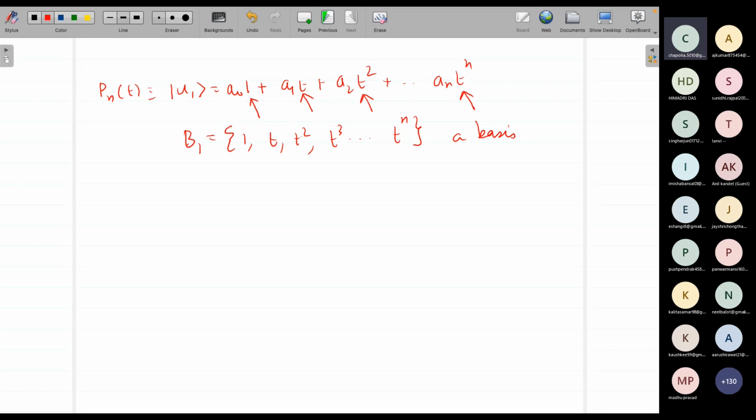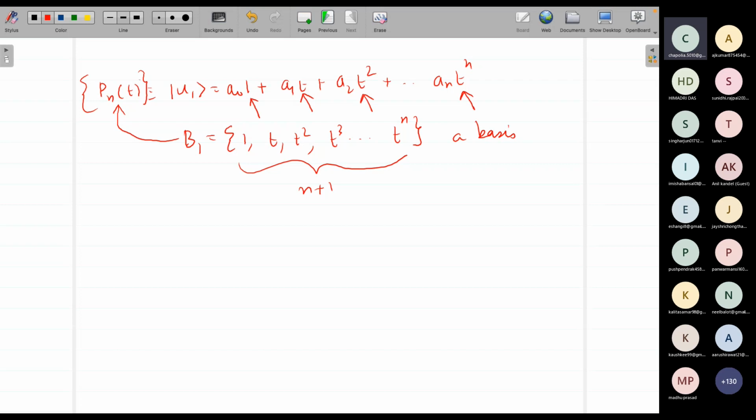I cannot write t in terms of t square. So this has to form a basis, and hence this is a collection of n plus 1 vectors which constitute a basis for this polynomial vector space. Remember, the polynomial vector space has degree less than or equal to n and not exactly fixed n.